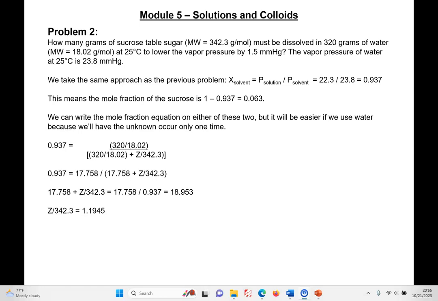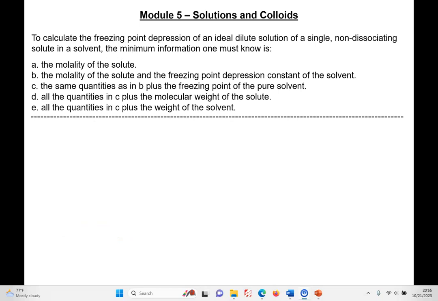Let me encourage you to stop this video, write out the equation, solve it for yourself, and make sure you get the same answer that I do. When we solve for Z, we get 408.9 grams of sucrose. So that's our answer.